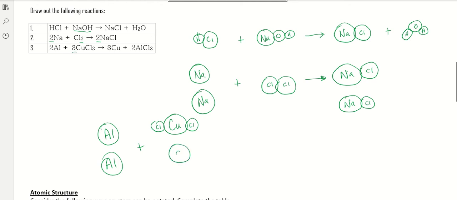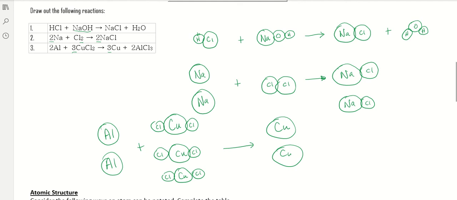So, 1, 2, 3 of these compounds. Cu together? Be Cu, Cu, Cu. Yeah, but not together. The coefficient tells me I have 3 separate coppers. If they were together, it would be a subscript. But because it is a coefficient of 3, I want you to recognize I have 3 individual coppers.